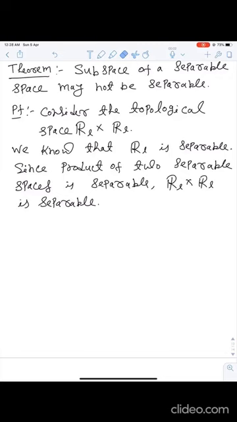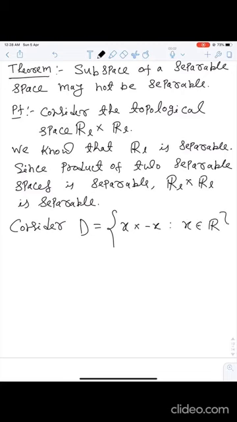Now, the example is simple, same as before. Consider the diagonal D, that is, x cross minus x, where x belongs to R. Consider this subspace of R_L cross R_L.